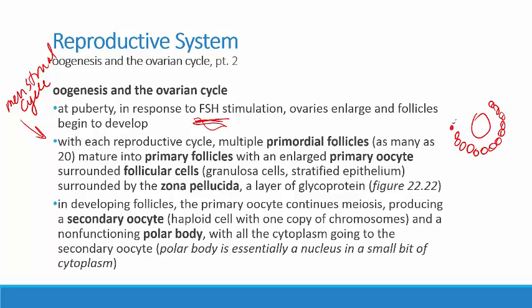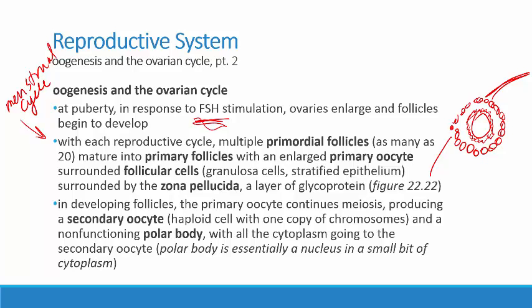And there'll even be a little layer of follicular cells across the top of it. If this is the surface of the ovary, this is what we're going to see eventually. The primary oocyte will be surrounded by this layer called the zona pellucida of glycoprotein.